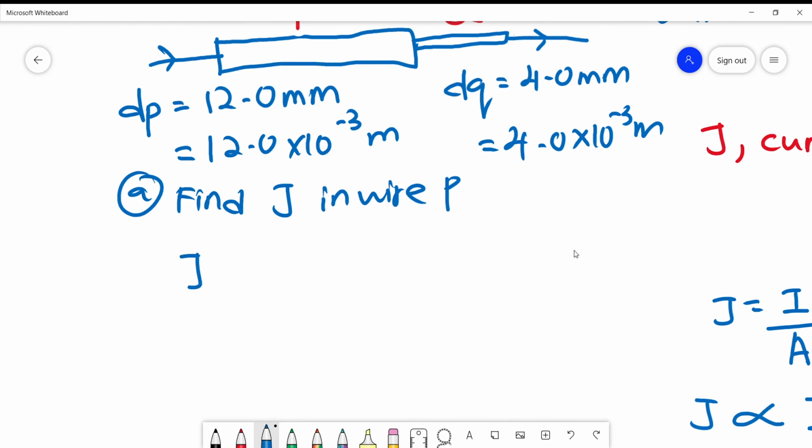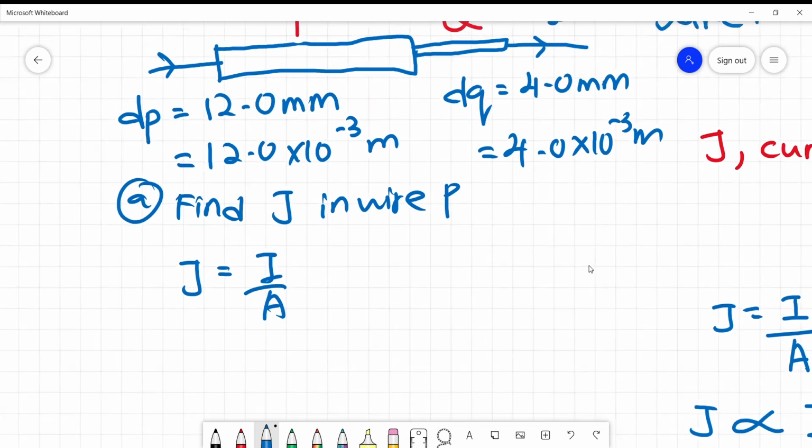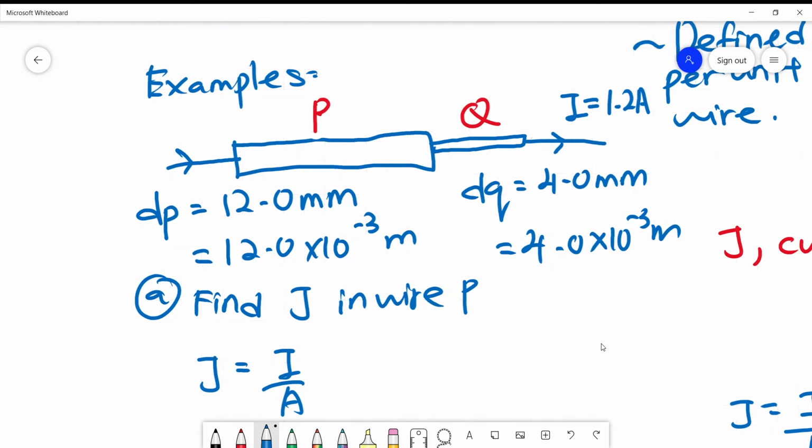Okay, so we know that J is equal to I over A. Regarding this diagram, the question provides that this wire is in the form of cylindrical shape, of course.